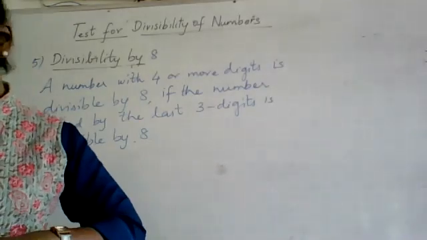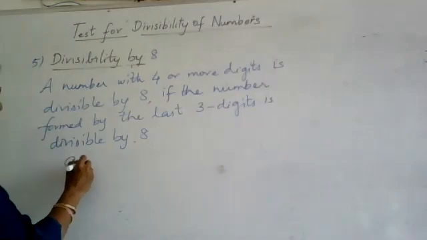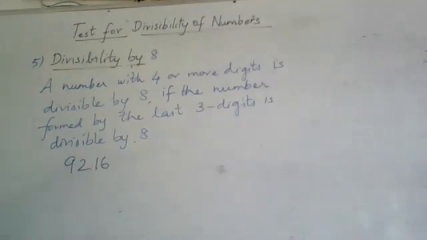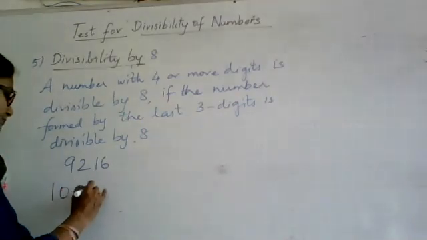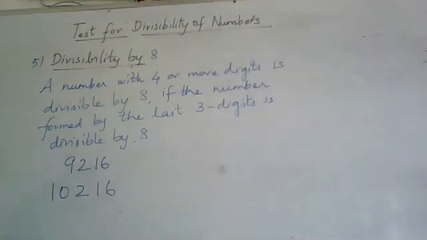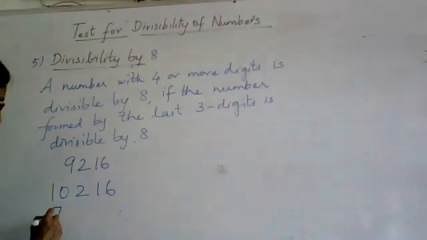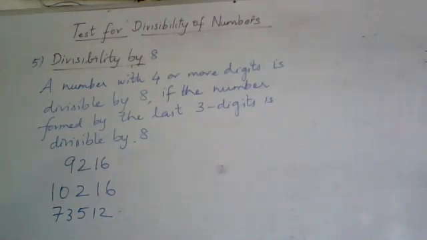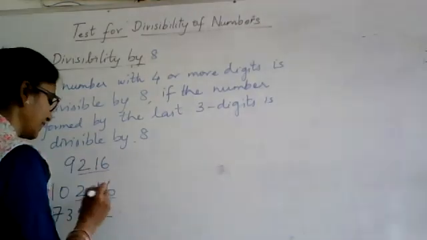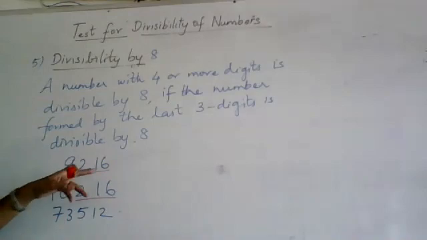Like for example, let me take 9,216. Then I'll take one more number, 10,260. So the last 3 digits here in both the numbers. I'll take one more also, 73,512. Okay, so in the first and the second number, the last 3 digits are 216 and 216.